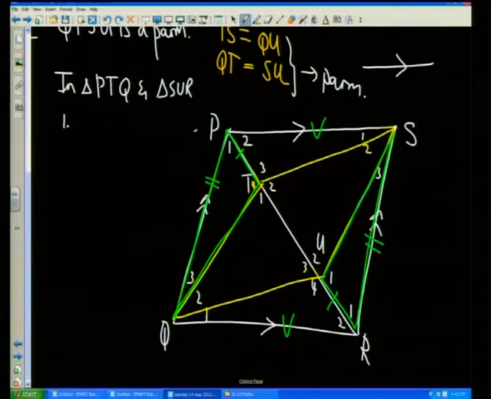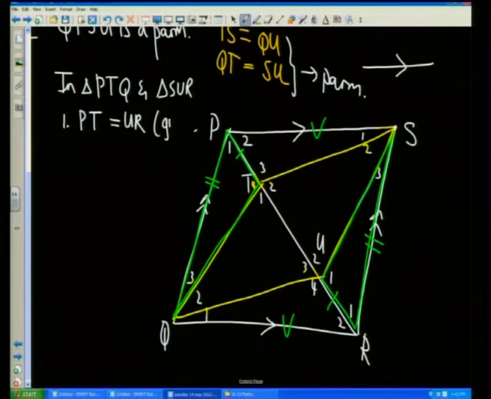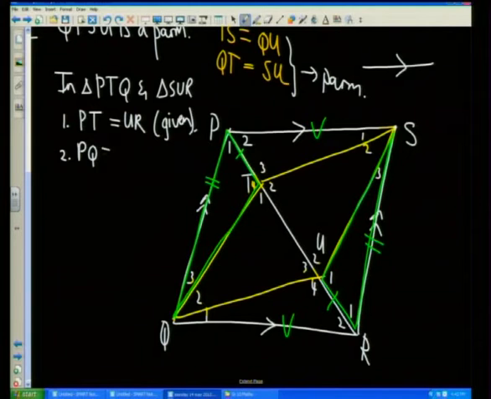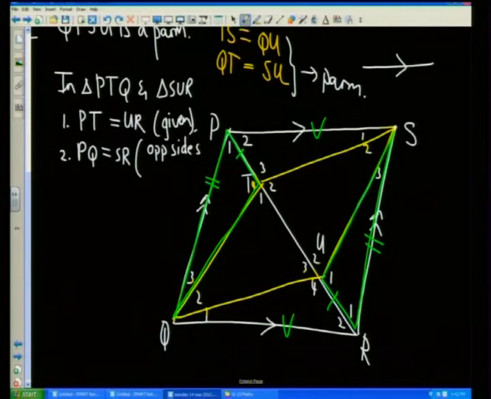Then we have that in both those triangles, PT was equal to UR. That was given. And I'm going to put my reason just a little bit on the side. There's not much space for me to write it here, so you'll see it's just next to the side and it's in brackets. Secondly, we have that this PQ was equal to SR, and you would write opposite, exactly the feature that you're working with, opposite sides of parallelogram.